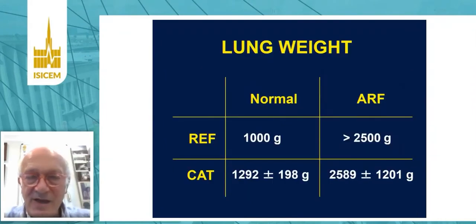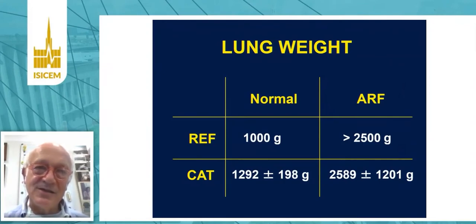And that was a very important change because by using CT scan, we could, as an example, measure the weight of the lung. And then we had a quantitative estimate of the lung edema and then of the severity of the disease.